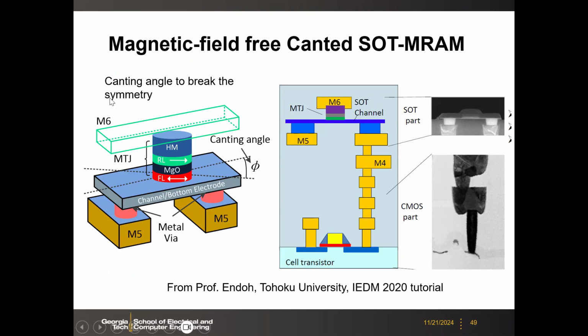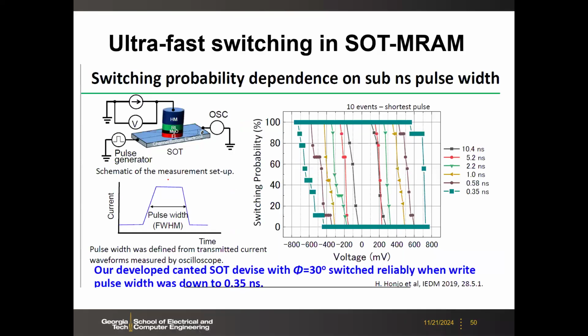This canted cell plays with the direction: the hard axis is not parallel with this SOT metal. You have some angle, and this angle helps make it external-field free. So you can switch the MTJ by changing the current direction only in the SOT metal. They demonstrated a 300 picosecond switching, which is pretty fast.